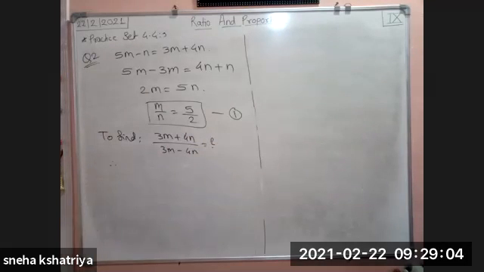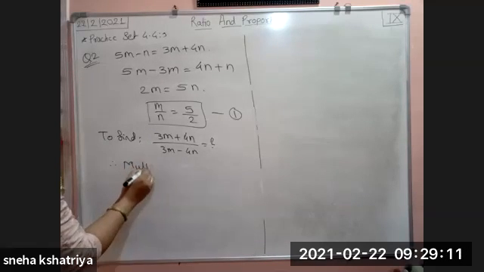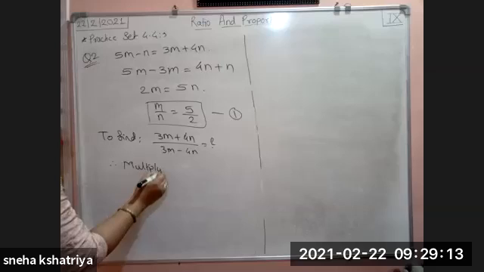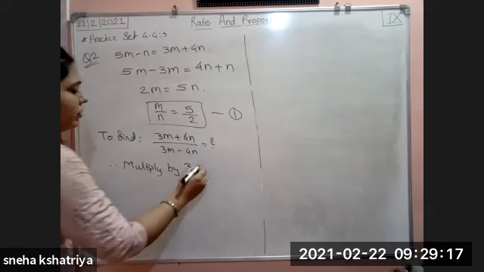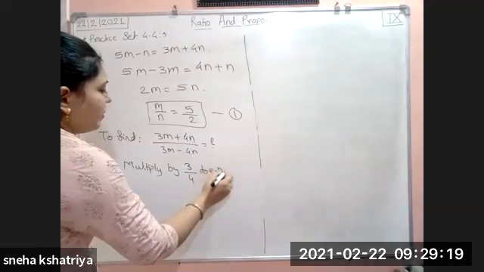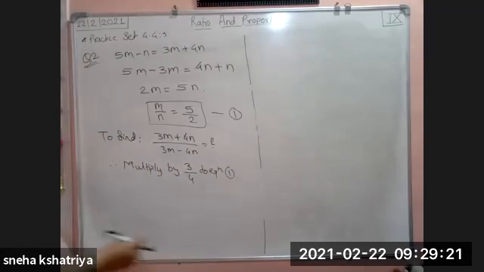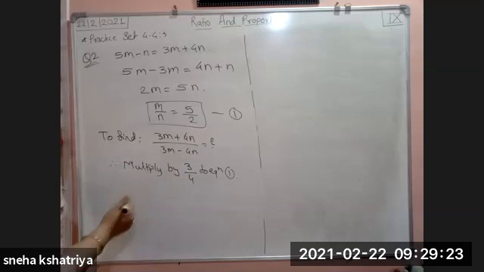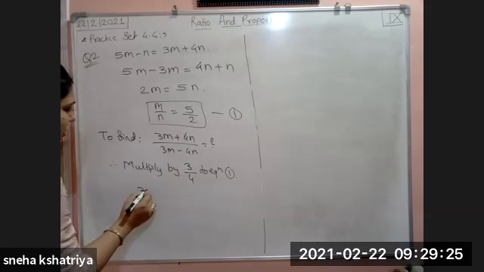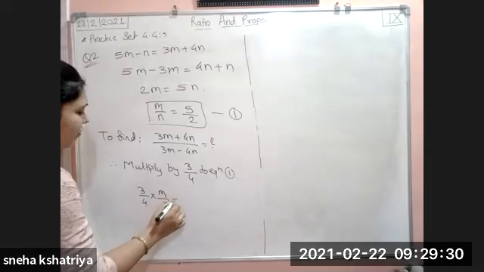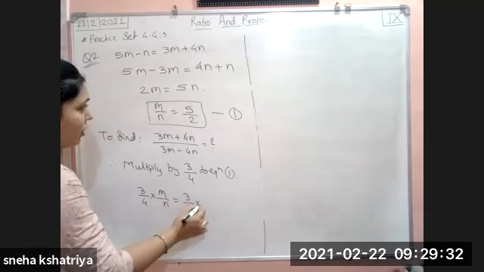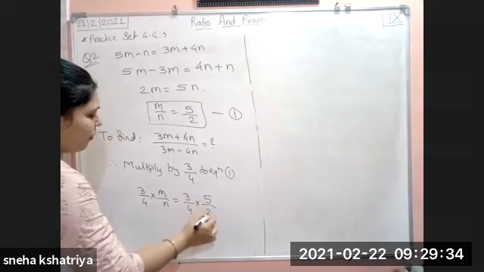Therefore, multiply by 3 upon 4 to equation 1. So what we will get? 3 upon 4 multiplied by m upon n, which is equal to 3 upon 4 multiplied by 5 upon 2.